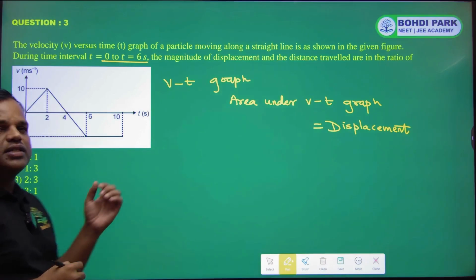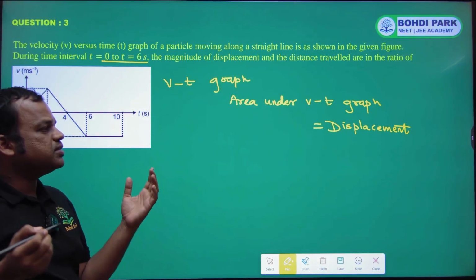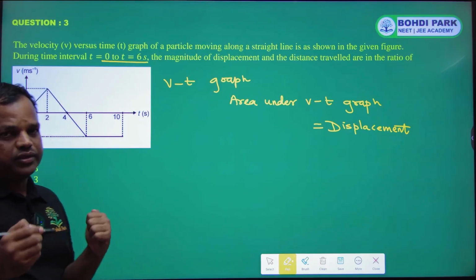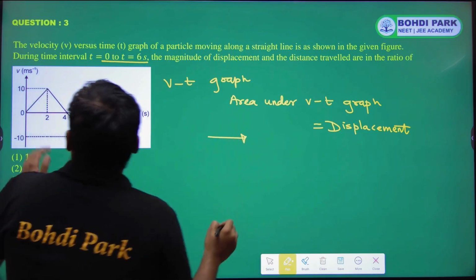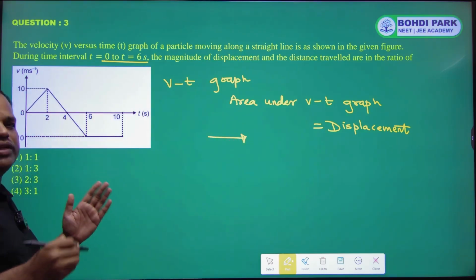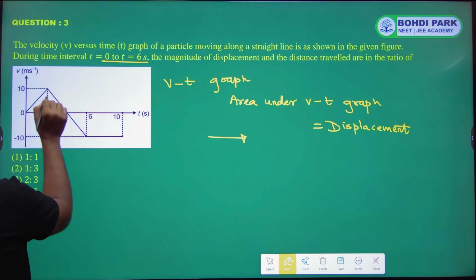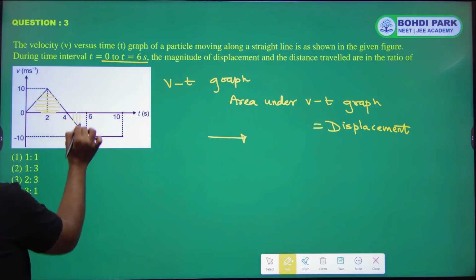and if the displacement is positive, so distance is same as displacement. If displacement is negative, so take the magnitude for distance. So how much is positive displacement and how much is negative displacement, we will find. So 0 to 6 seconds, you see this area is positive and this area is negative.